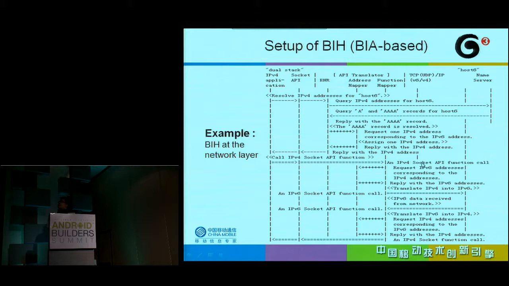But every communication with the host 6 network should do the API translation with the address mapper, and the address mapper and the extension name resolver will get the data or information from the IPv6 network and return to the IPv4 application.